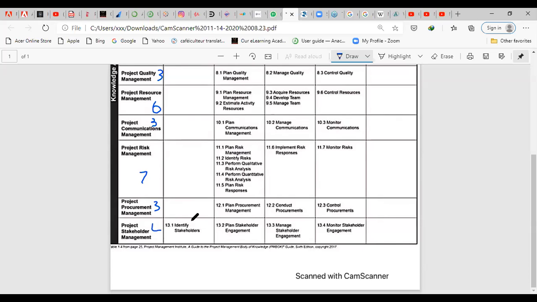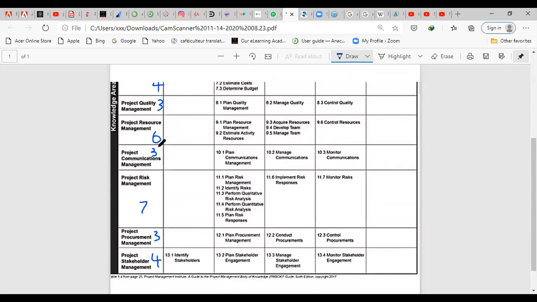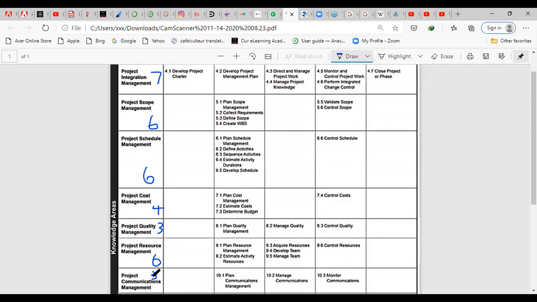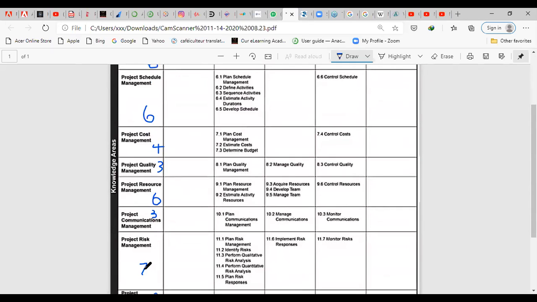So now we're going to tally them. 7 and 6 will give us 13, right? Plus 6 will be 19. 19 and 4 will be 23. Then this will be 26. 26 plus 6 here, 32. Then plus 3, 35. Then we come to 7.